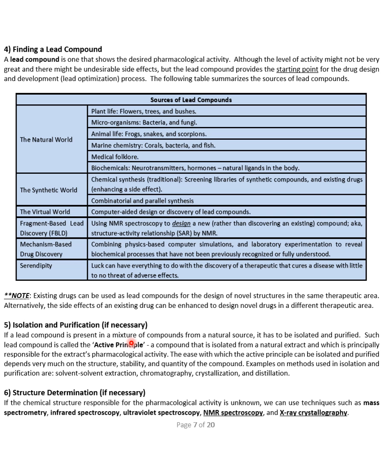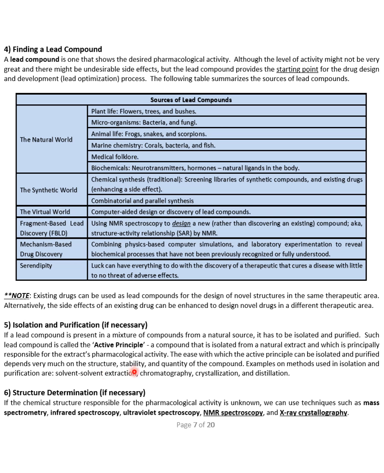Okay, and that molecule would be called the active principle. So in natural products, the active principle is the compound that's isolated from an extract and is responsible for the pharmacological activity.